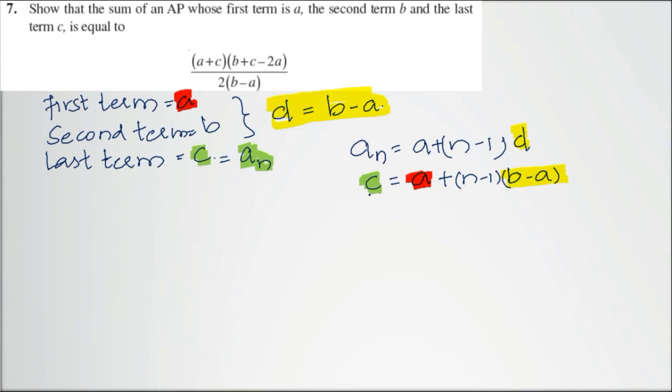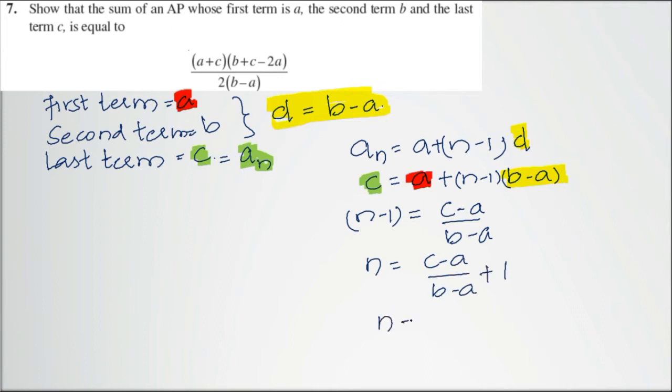Now with this I can find n minus 1 as c minus a upon b minus a. So n will be equal to c minus a upon b minus a plus 1.